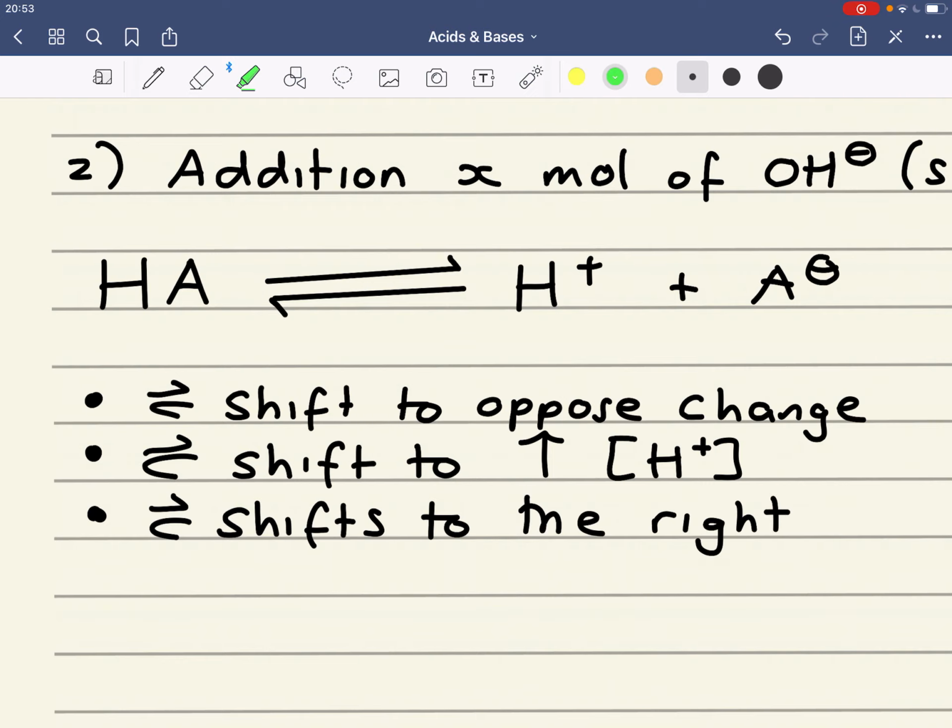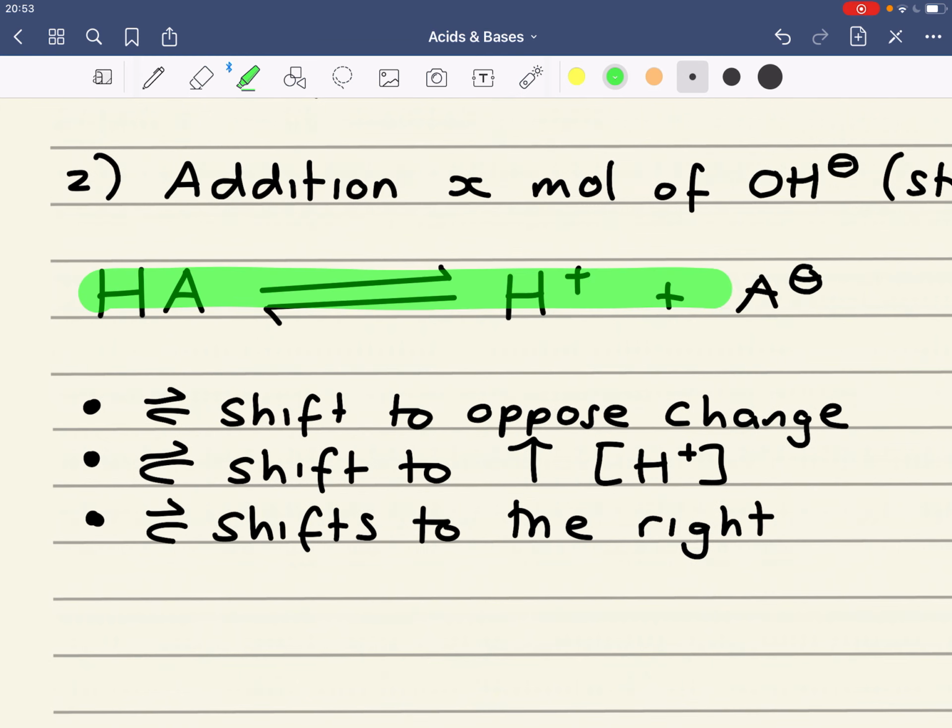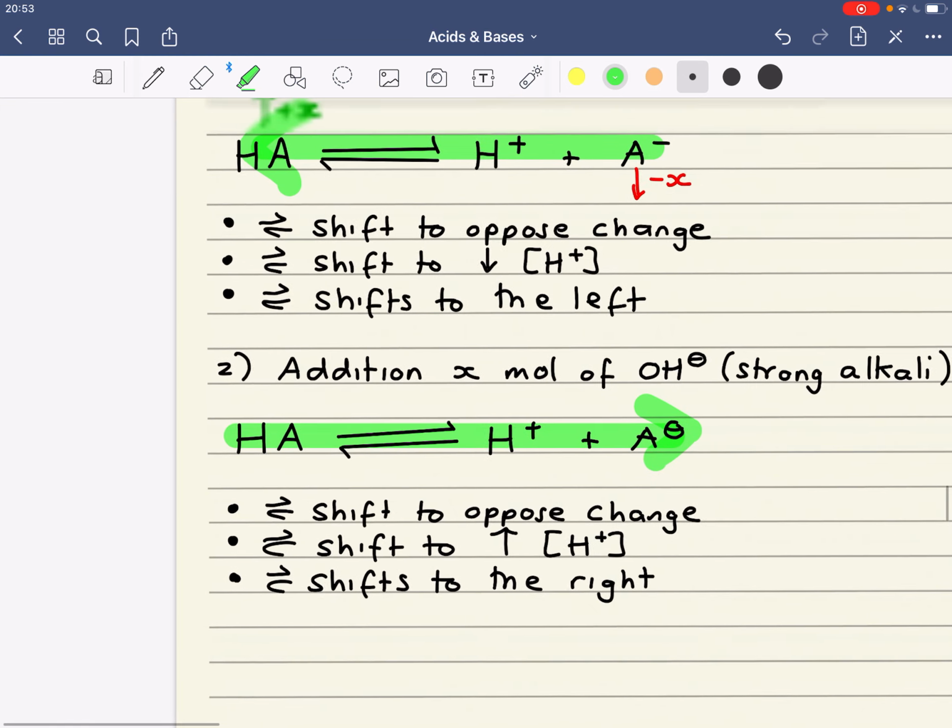So in this particular instance, the equilibrium is going to shift in that direction.